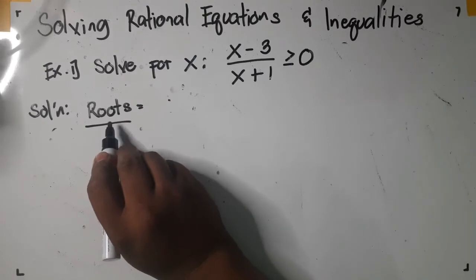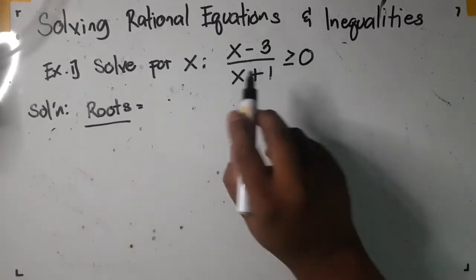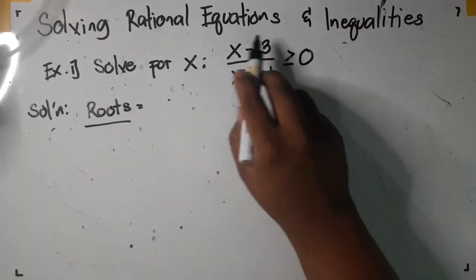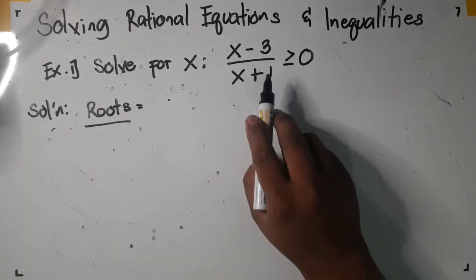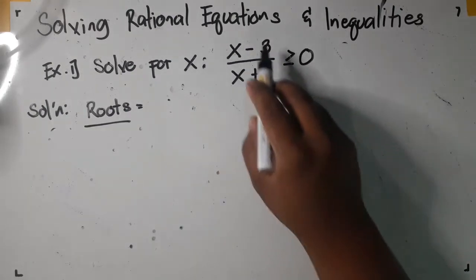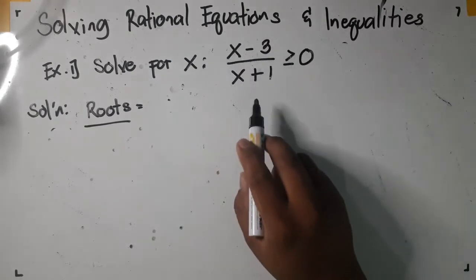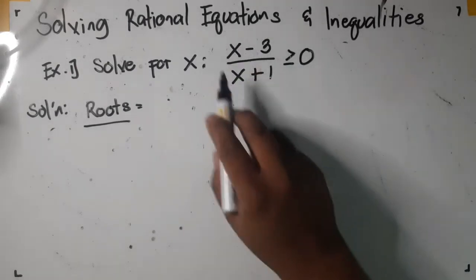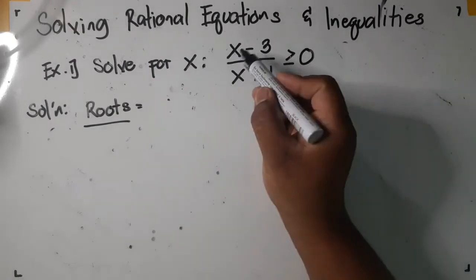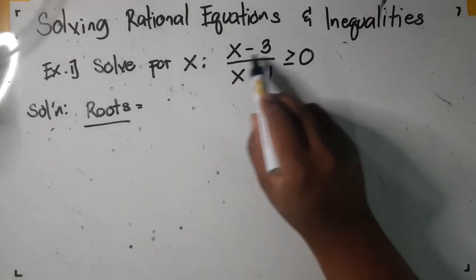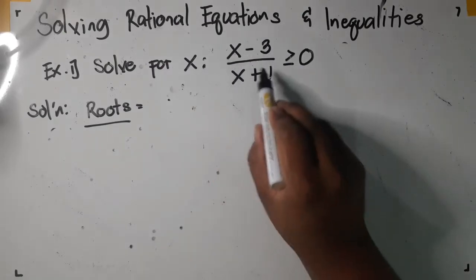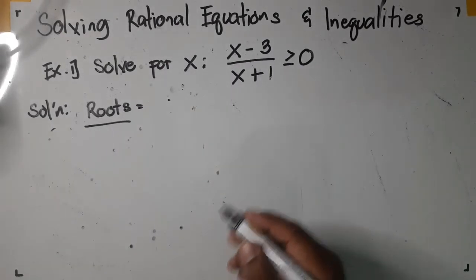The roots of your inequality are where your inequality becomes zero, when the left side is 0, or when it becomes undefined. Or you need to equate the numerator into 0, and the denominator into 0, then solve for x.